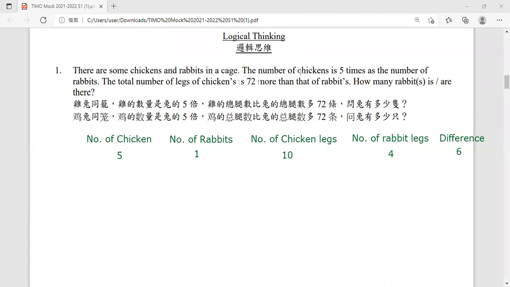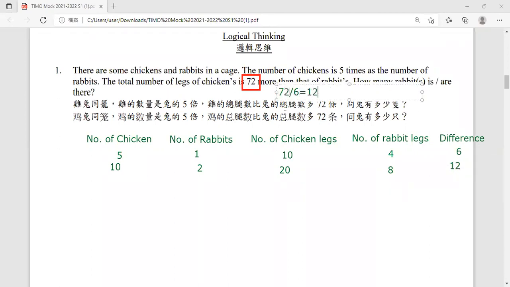Next one. I have 2 rabbits, then there will be 10 chickens. That is 20 legs, and this will be 8. Now the difference is 12. So every time I put 1 set of rabbit and chickens on it, the difference will increase by 6. So I just divide 72 by 6, which is 12.